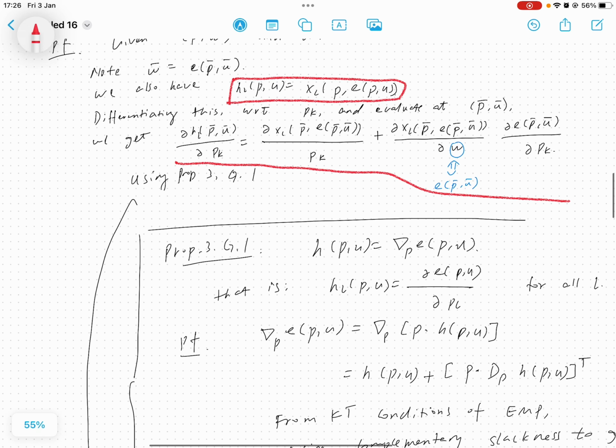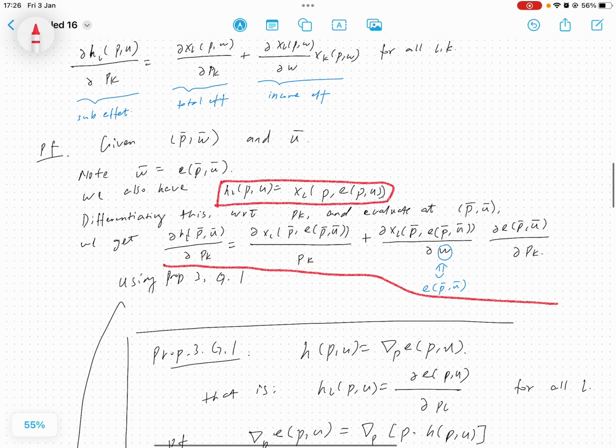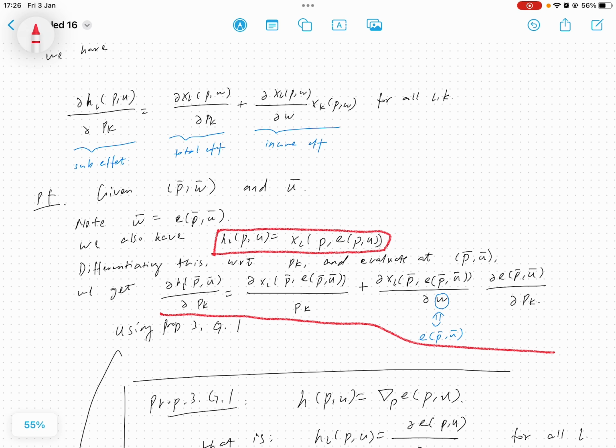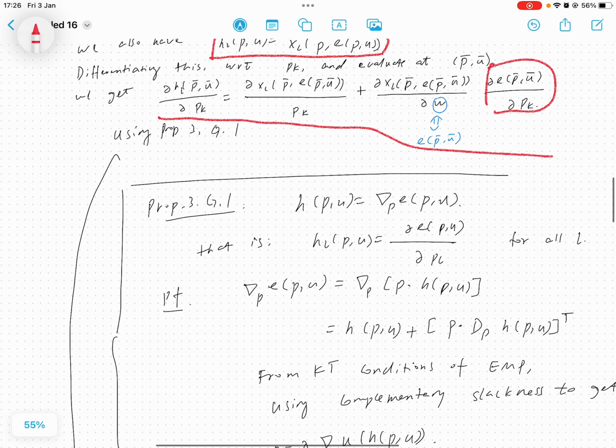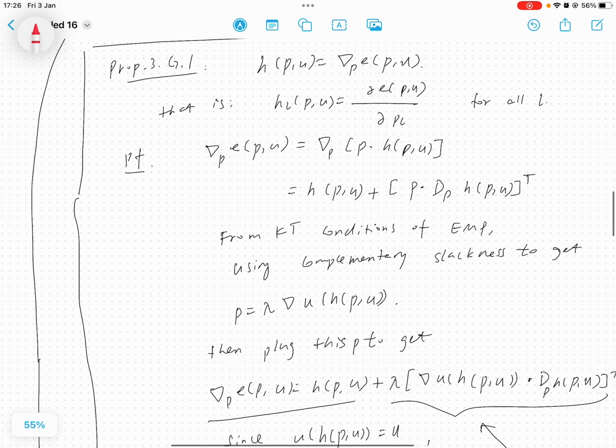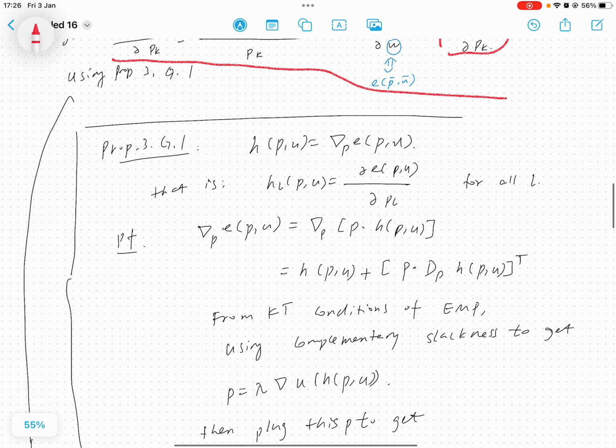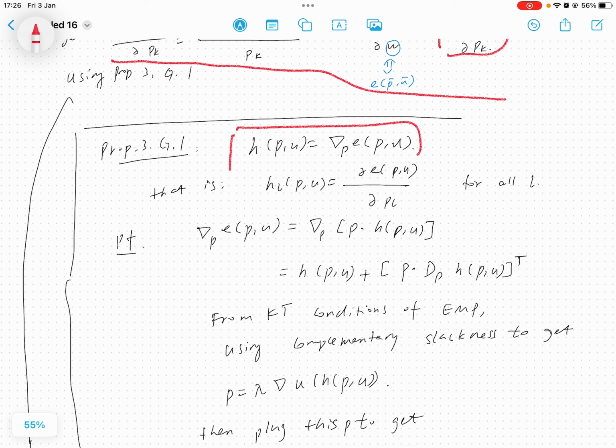So now the next step is we want to have this to be xk, right? That is something that we need to show next. Essentially, we want to prove this, right? This is proved in the textbook as proposition 3.G.1.